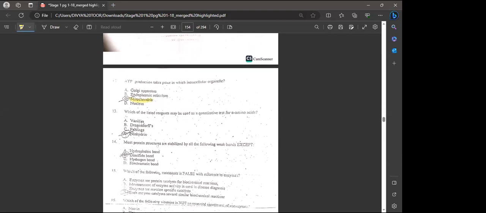So, which of the listed reagents may be used as a quantitative test for alpha amino acids? All I know is ninhydrin turns purple and is used for DNA. That's all I know. What do you guys think?